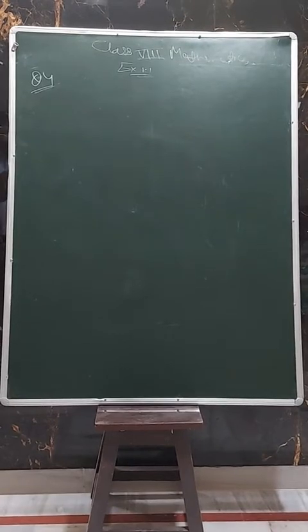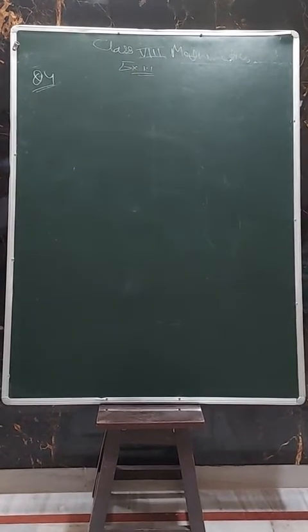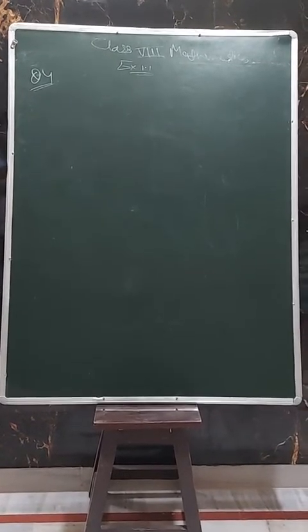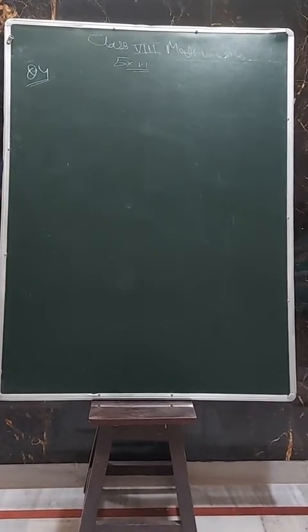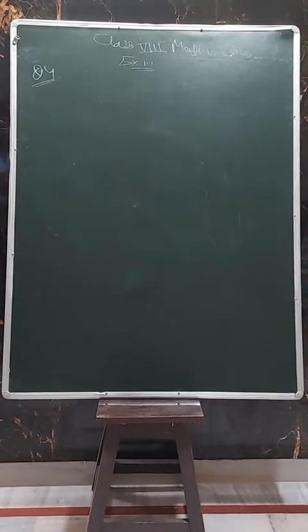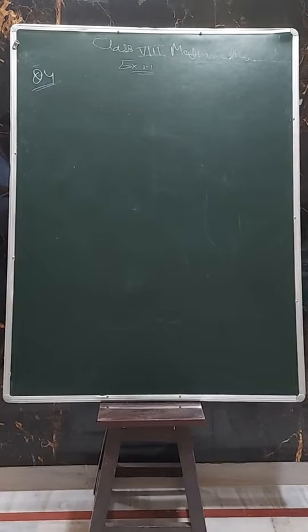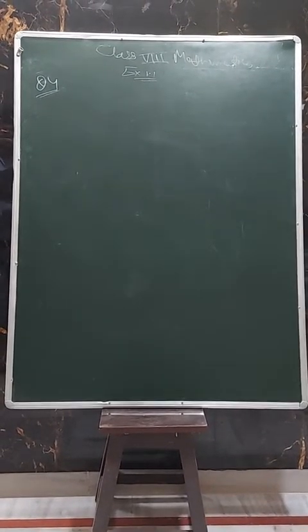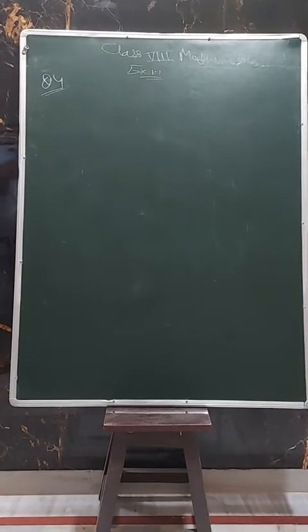Read the definition first. I think I already told about the closure property of addition. Simply we have to add it, and whatever number we get, this is also a rational number. This is the only property.